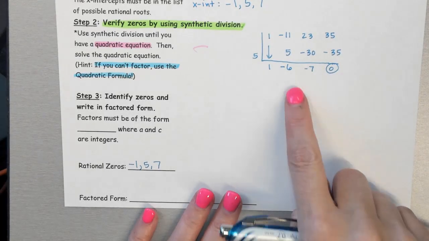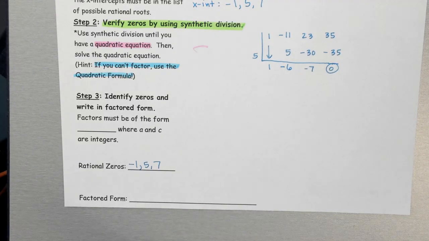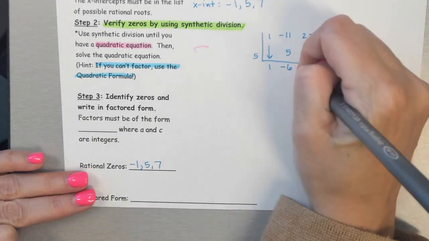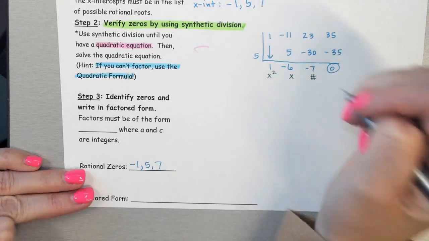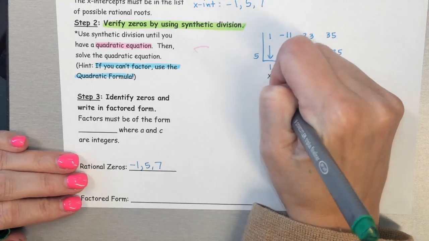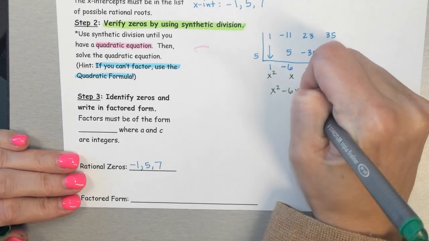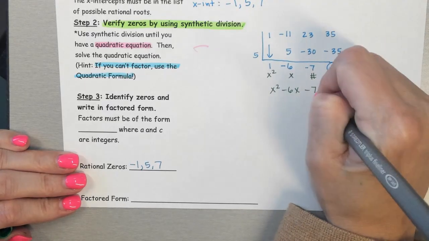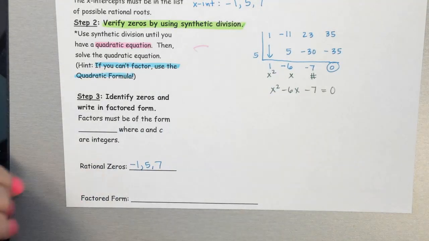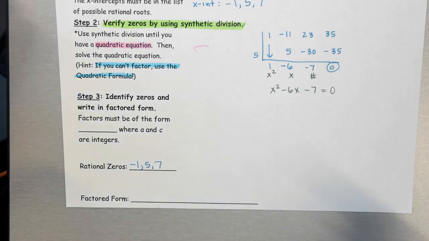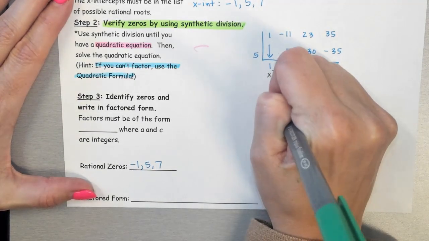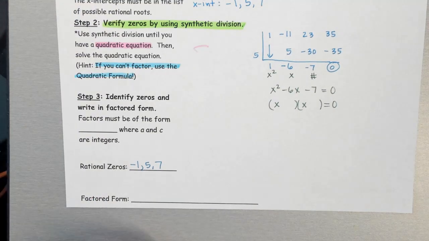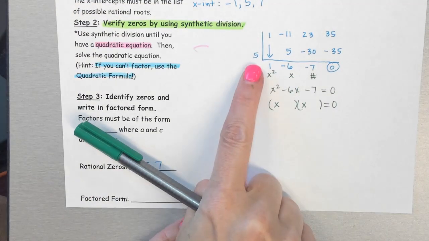Then this is a quadratic. How do we know that? Well, we've been working with synthetic division, so we know this is our number, this is our x, this is our x squared, and if it says to write it in factored form, this polynomial is going to be factorable. So we can split these up, x and x, and we used 5, right?